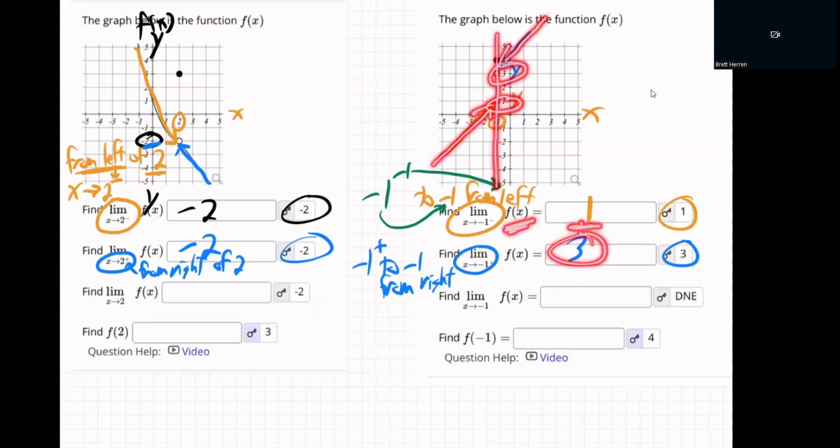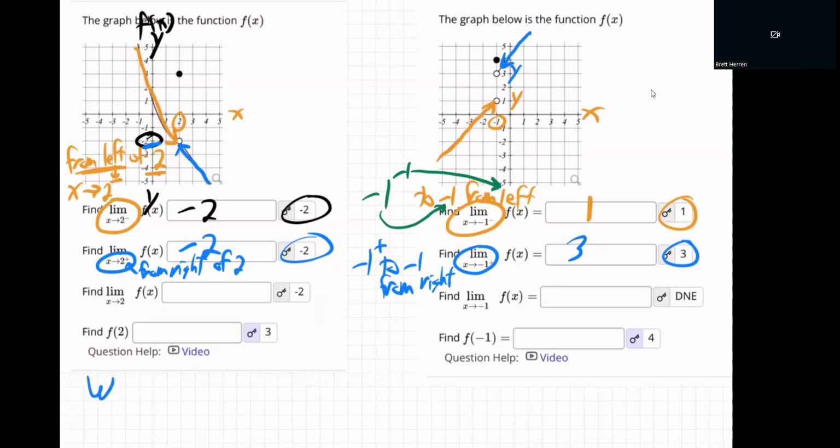So that's the difference. Notice on this graph, as you get close to negative 1 from the left and the right, they're hitting at different heights, aren't they? Whereas on this graph right here, from the left and from the right are hitting at the same height. Well, that's the crucial issue.